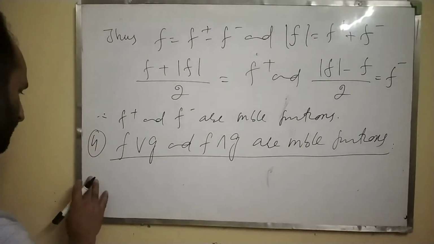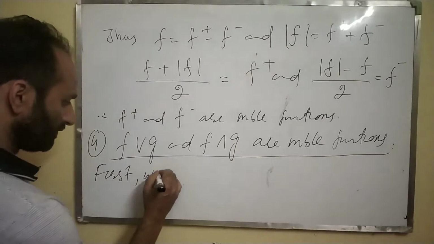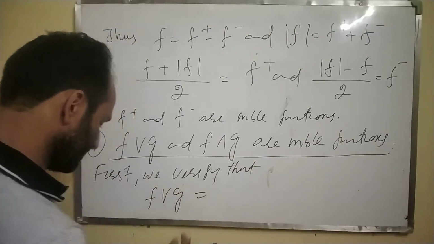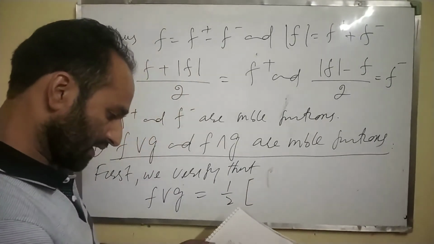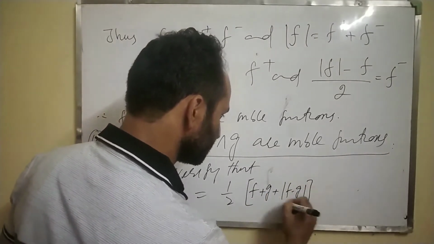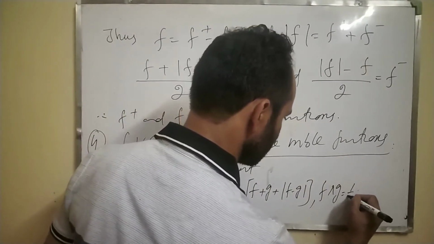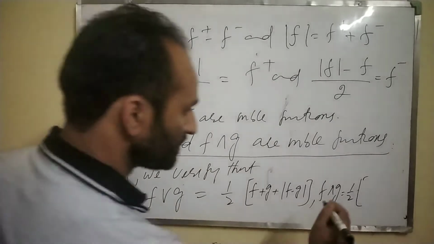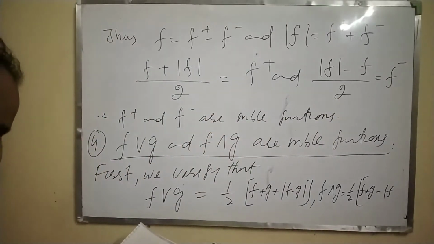So first we verified that maximum of f and g is equal to one half of f plus g plus mod of f minus g, and the minimum of f and g is equal to one half of f plus g minus mod of f minus g.